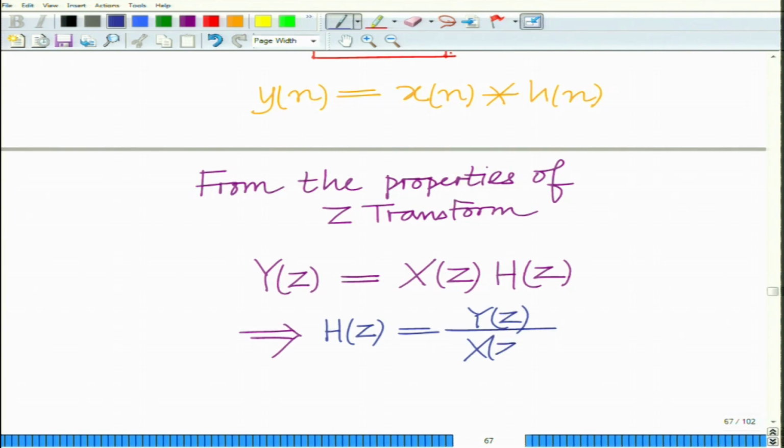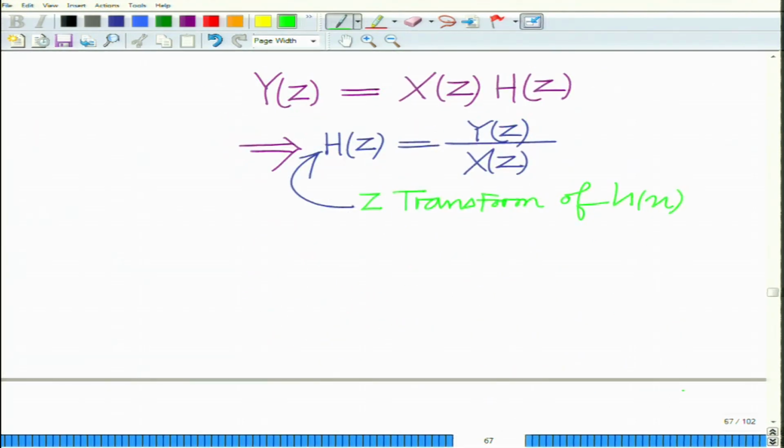equals Y(z) divided by X(z), where H(z), remember, is the Z-transform of the impulse response h[n]. That is the impulse response of the LTI system.